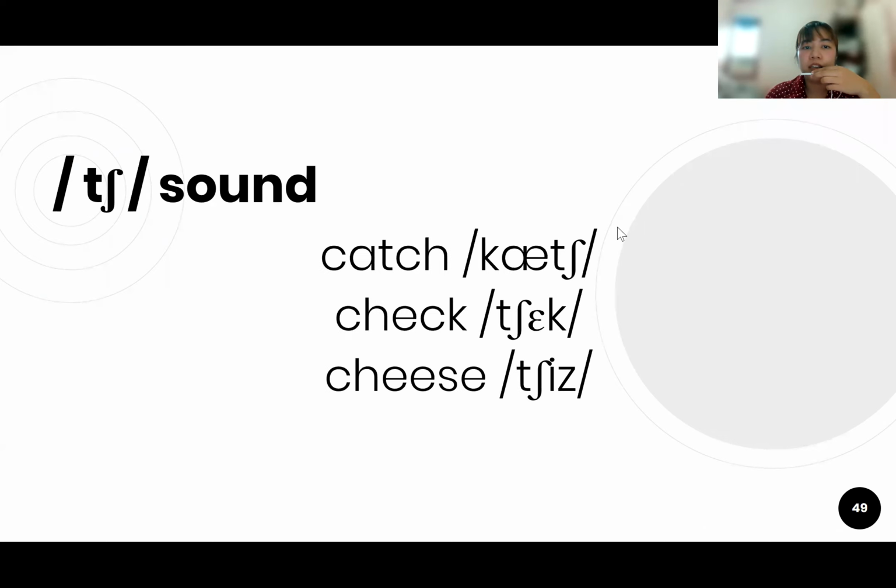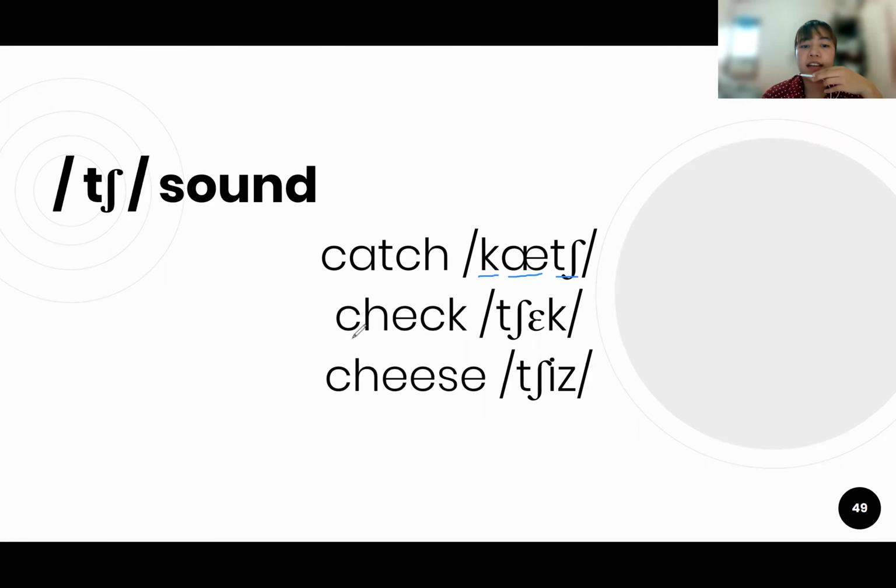For example, in the words catch, check, and cheese. So this is how we transcribe the following words. Catch, so your k, your digraph e, and your ch, your tch there produces your ch sound. That's why we have this one. So k, e, and your ch sound.